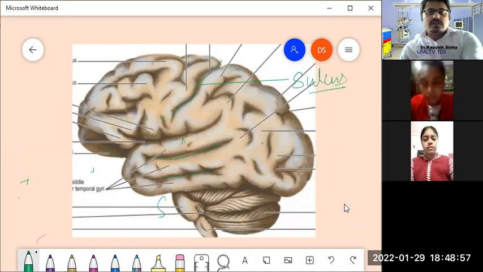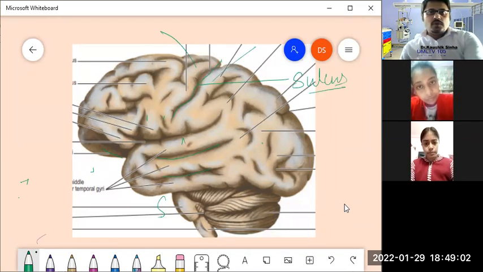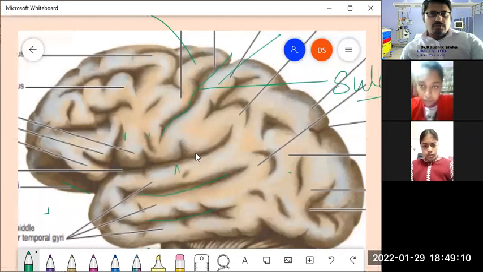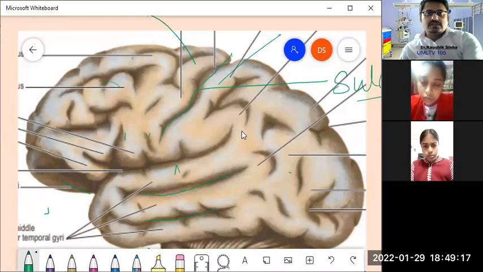So this is a gyrus, this again is a gyrus. The most prominent sulcus of the brain is this one. This is present in the anterior lobe. The name of the sulcus is the central sulcus.